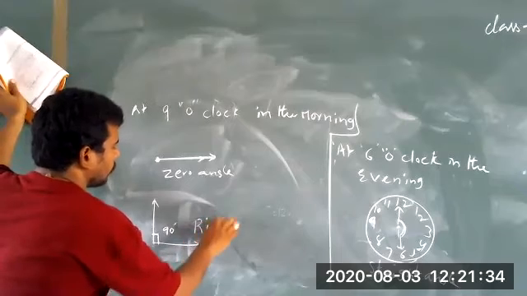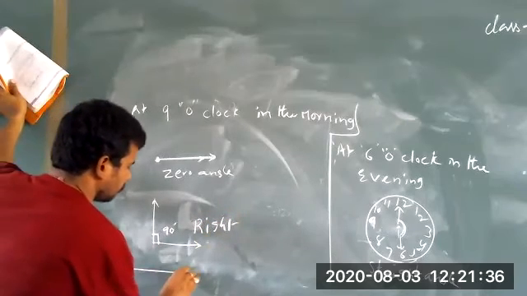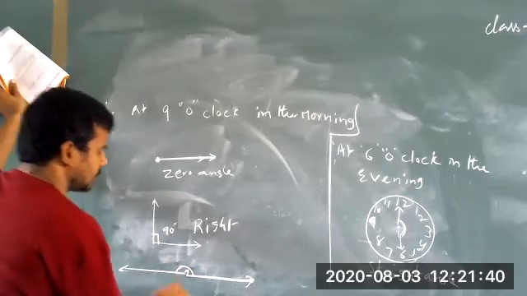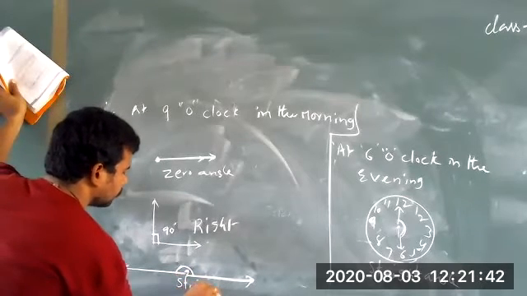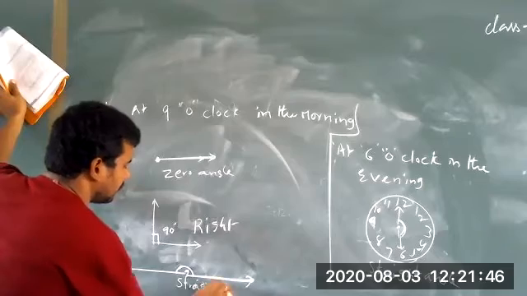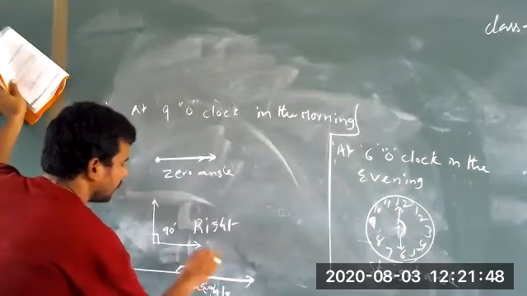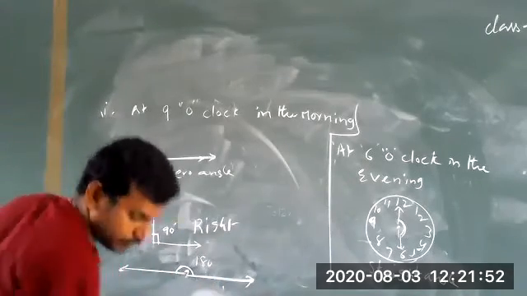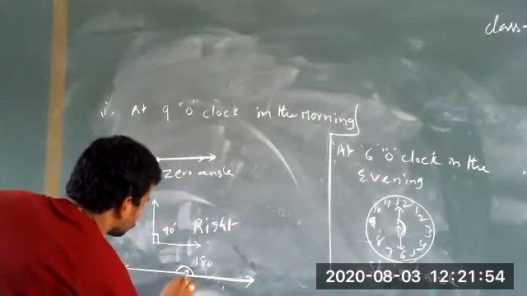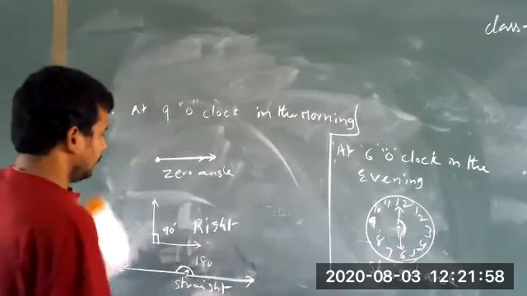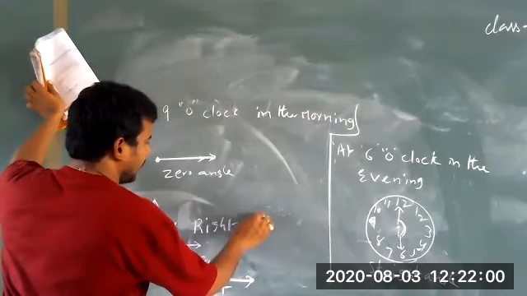It is called a right angle. Here this angle formed is called a straight angle. This is 180 degrees. Straight angle. Next, reflex angle.